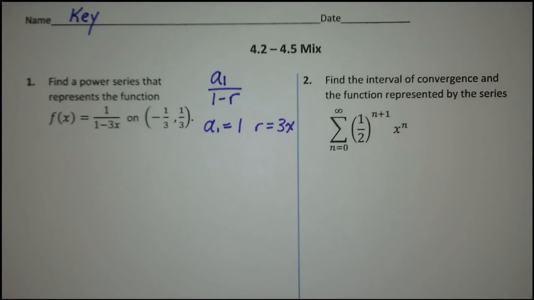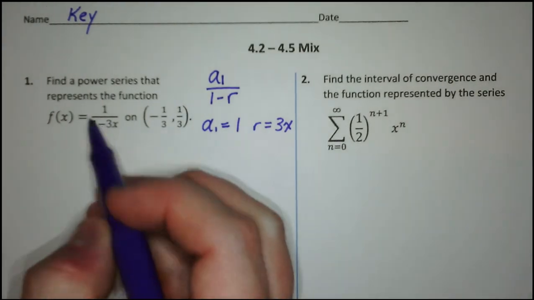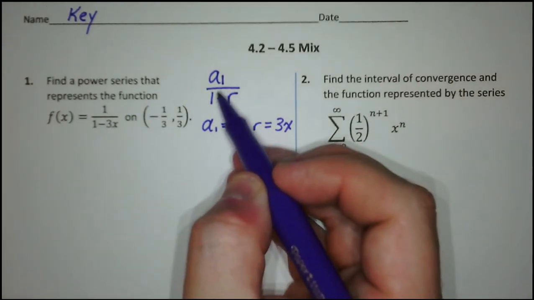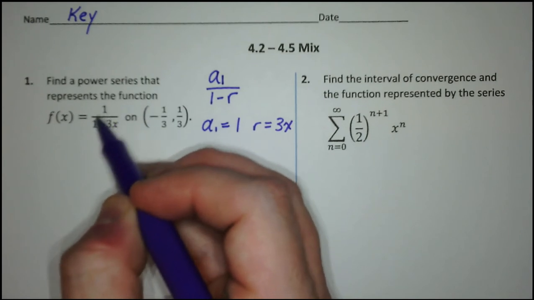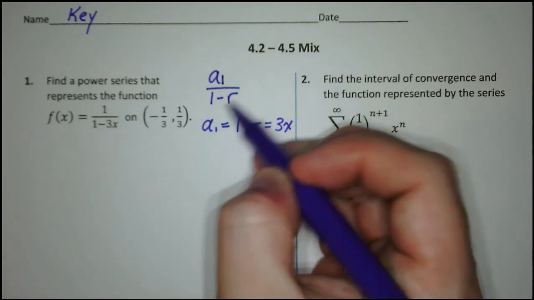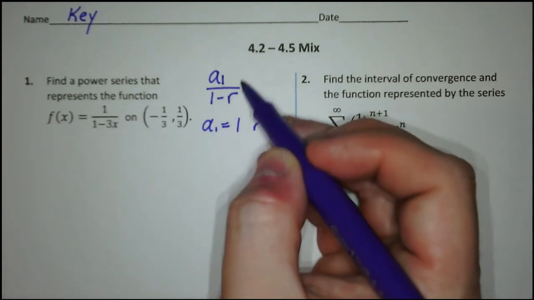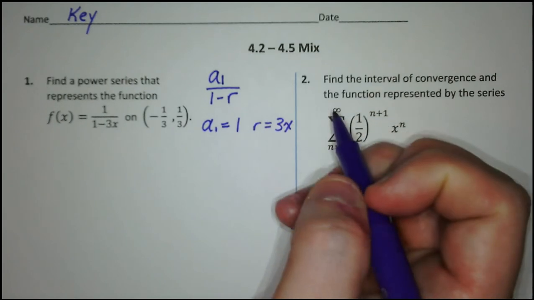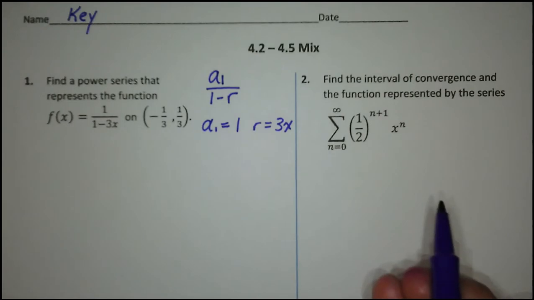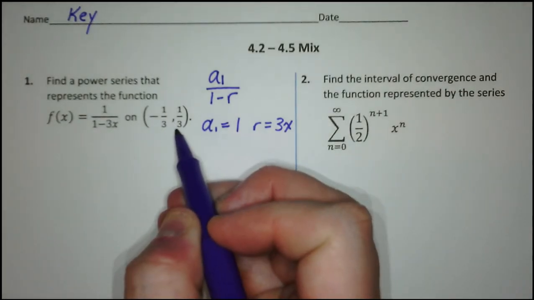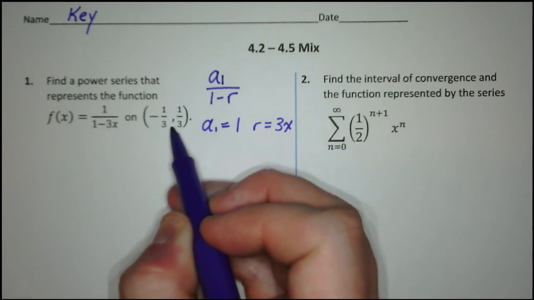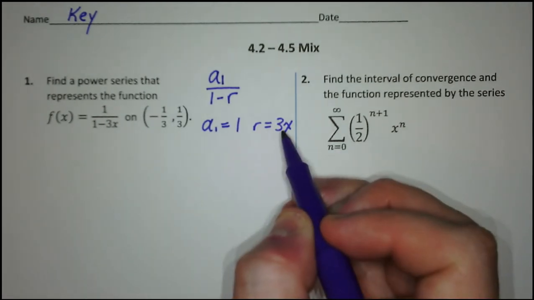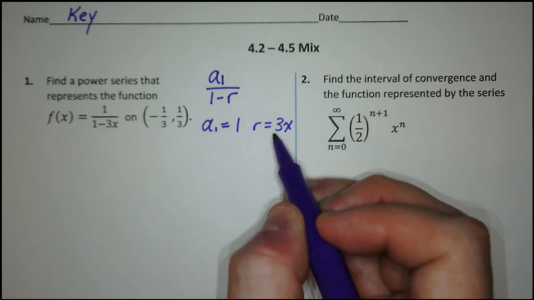It's geometric. I don't know if I said that yet, but you can pretty much model this as a geometric series because it would represent that function which matches this whole geometric thing. So on negative 1/3, 1/3. Now this interval is only going to make sense because of that being the common ratio.